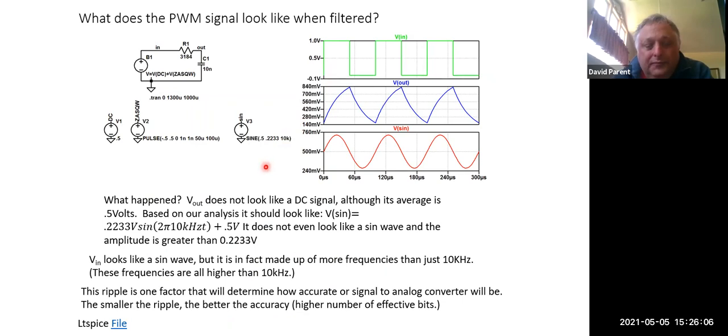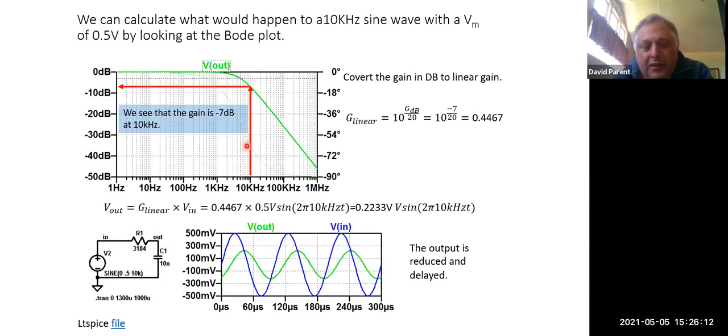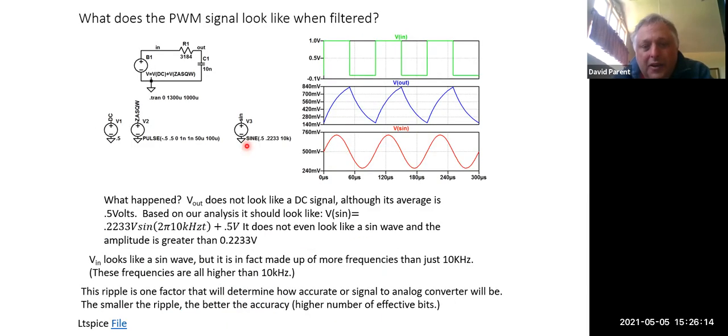This sine wave is the sine wave that we calculated over here. This output is when that's the input. And it's like, well, what's going on? I thought I was going to get a sine wave. Now I'm getting some kind of weird triangle wave.